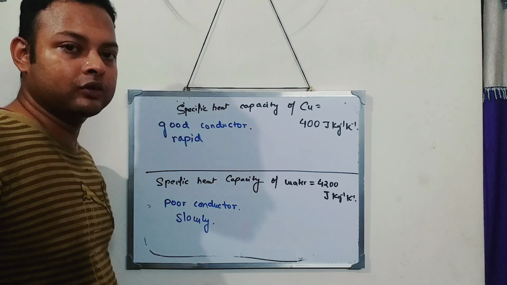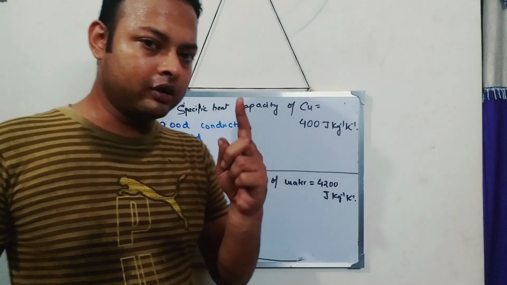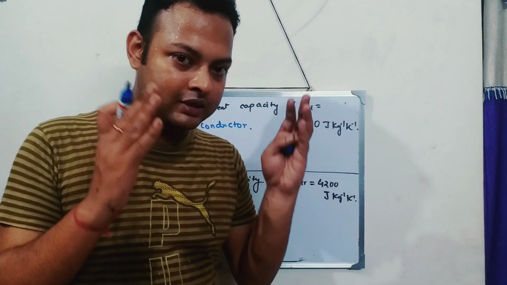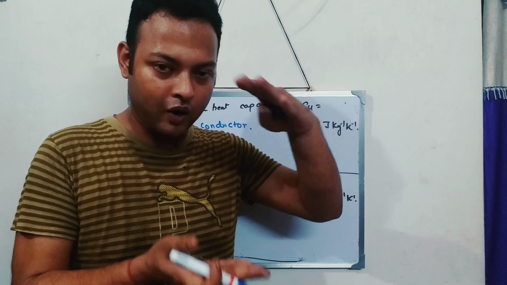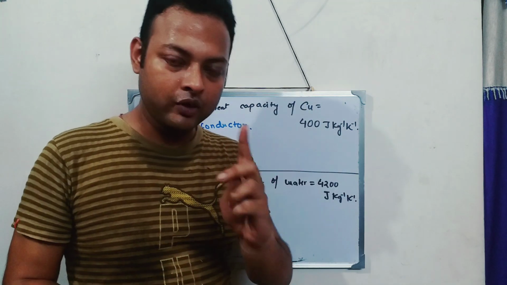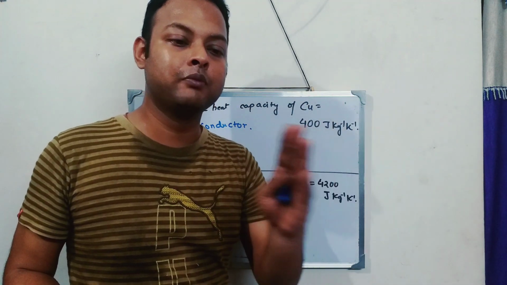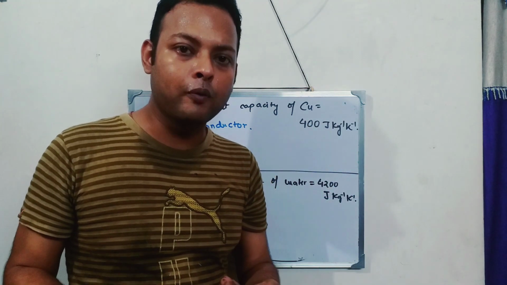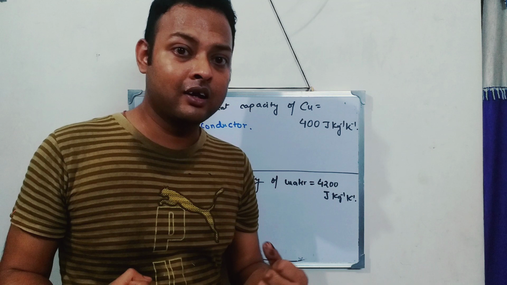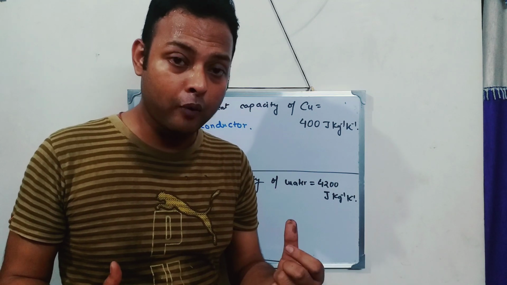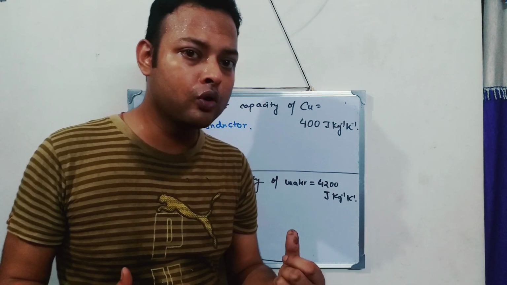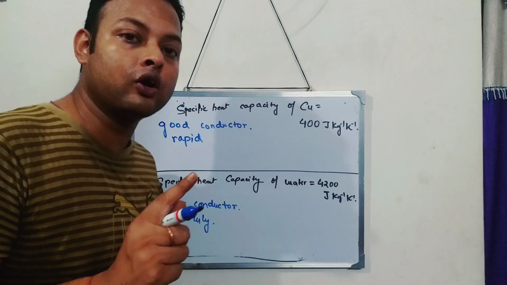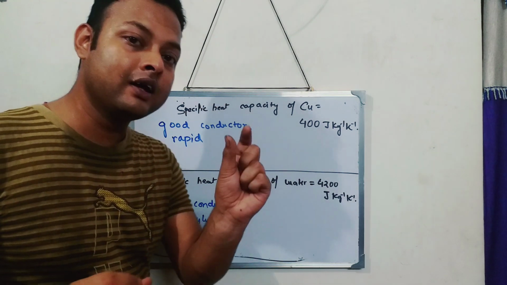So what do you think? Imagine I have 1 kg of copper, and I have to increase the temperature by 1 degree, from 20 to 21. Will copper acquire a lot of heat? No, copper will not acquire a lot of heat. Copper will acquire less heat.